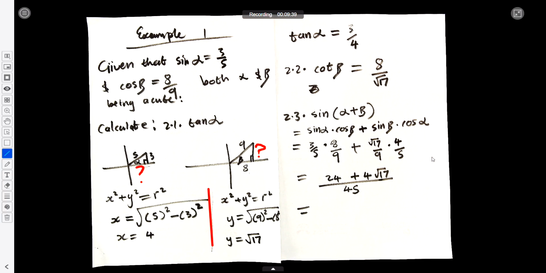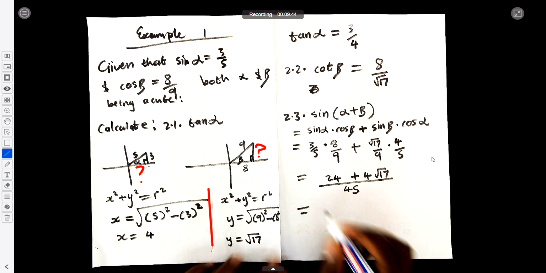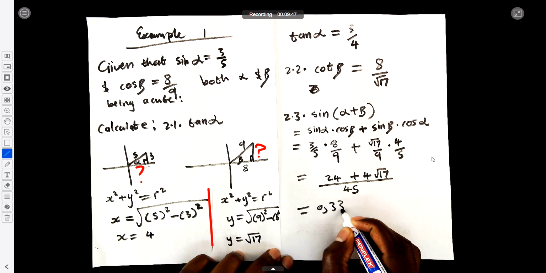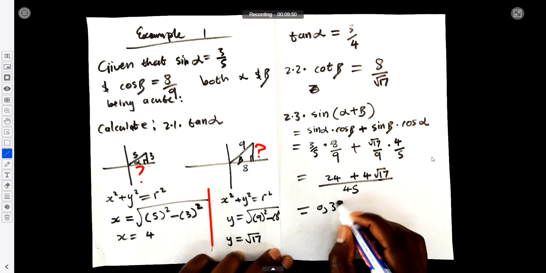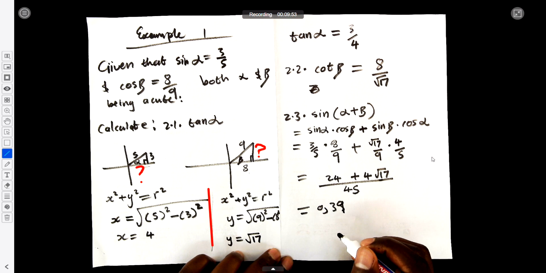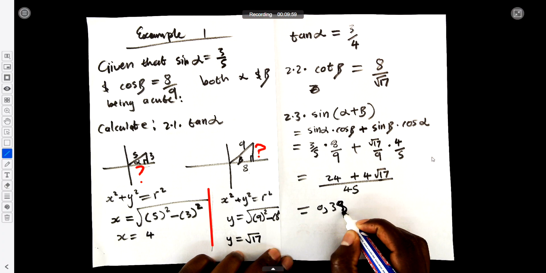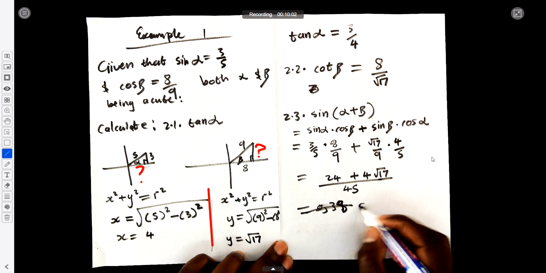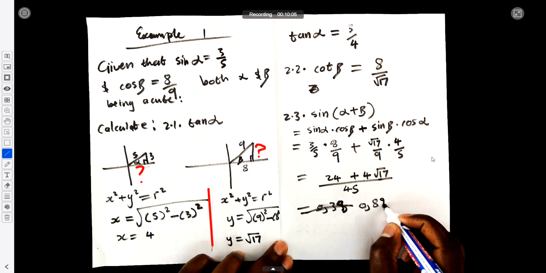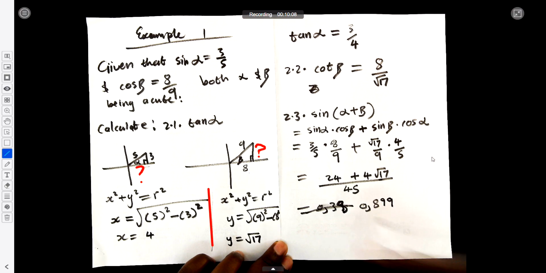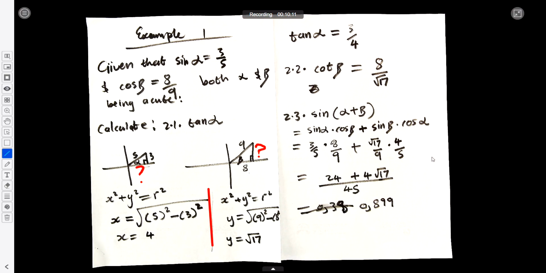It's 0.8 and so on. So that is the answer in decimals, about 0.8.